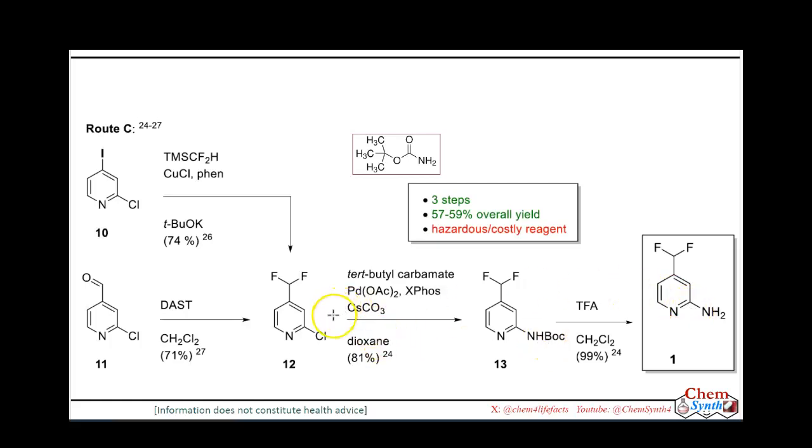But here also one issue is there, like the starting material is quite expensive. It can be synthesized by either of these two processes: starting from this iodo-chloro-substituted pyridine and introduction of this difluoromethyl group using a copper reagent, and another process starting from this aldehyde with fluorination using the DAST reagent.